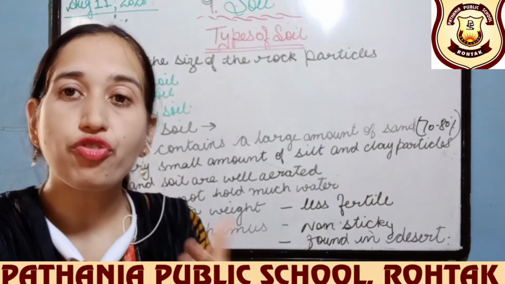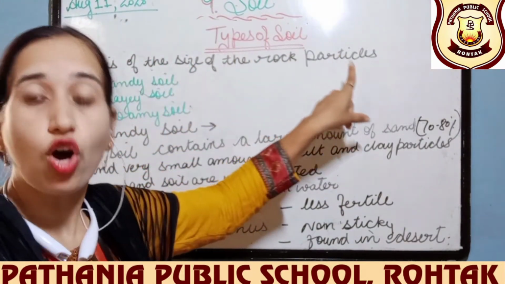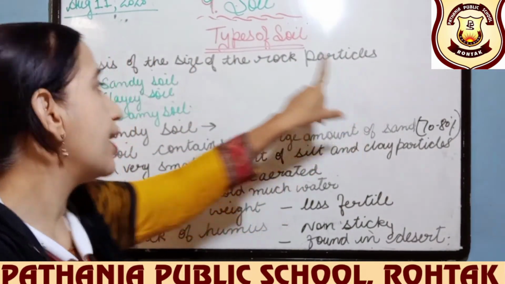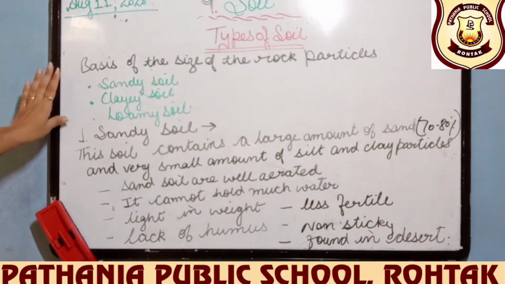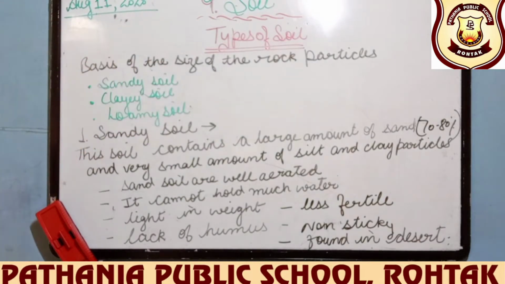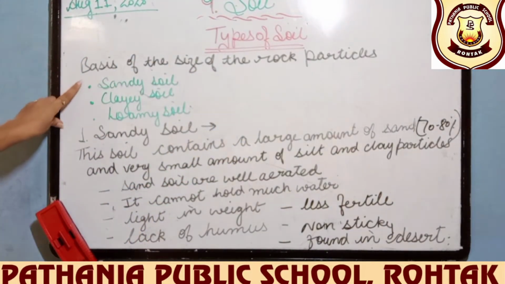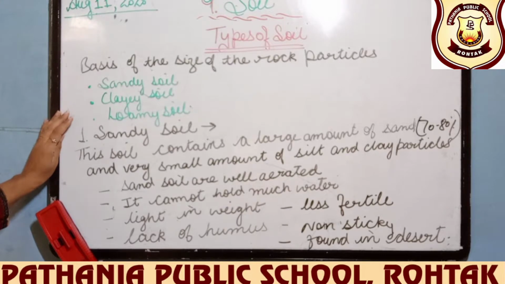So the type of soil depends upon the size of the rock particles. The first type is sandy soil, the second is clay soil, and the third is loamy soil.